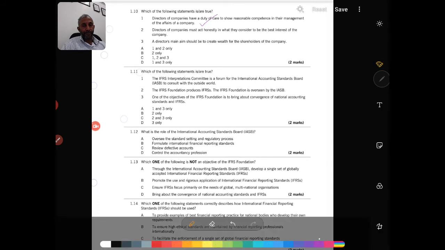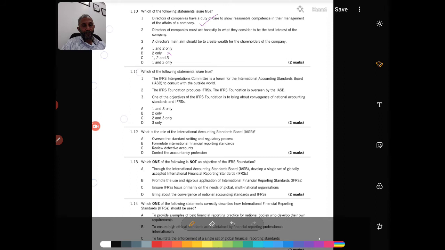If answer number one is correct, then B is wrong. We need to compare the others. Directors of companies must act honestly in what they consider to be the best interest of the company.